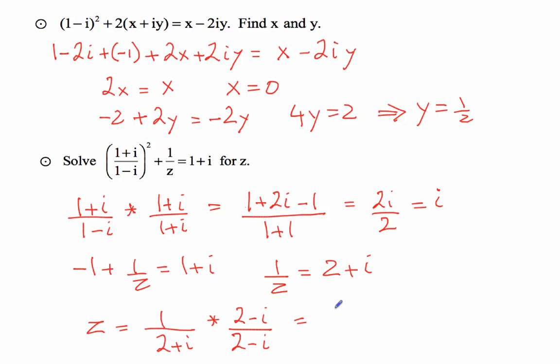So that's 2 minus i divided by 2 squared plus 1 squared, which is 5. And so finally we get the real part to be 2/5 and the imaginary part to be 1/5. That is the solution for z.